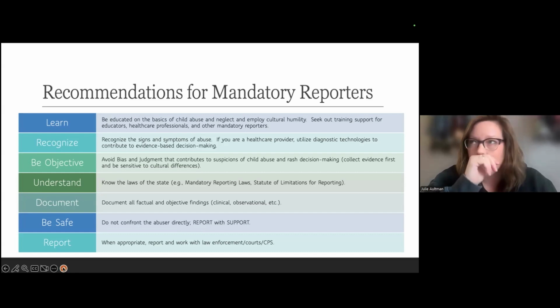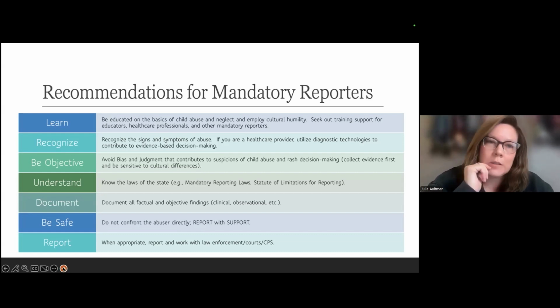I use this piece with our medical students. It's called Playing God, and it's about an abuse case. It's a very short story, one page, page and a half, and what I like about it are the nuances. I give it to the medical students and ask, what are the narrative pieces that you see?